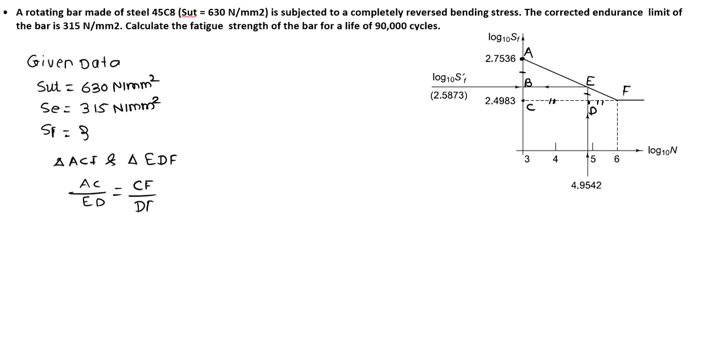For this problem I will write all the values for these points. At point A there is the ultimate tensile strength of the steel material. Here I will calculate log to the base 10 of 0.9 times the ultimate tensile strength, that is 630.